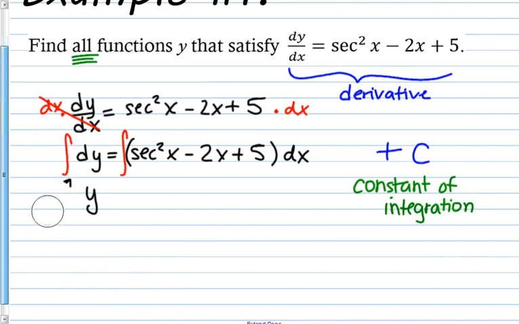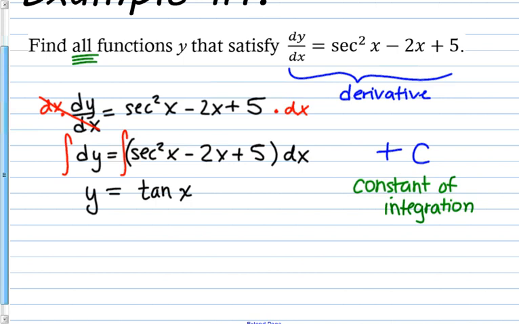So the integral of dy is just y. And then, let's see, what do I have to derive to get secant squared? If you need to, look at your blue sheet with all the formulas for the derivatives and the integrals, okay? But you derive tangent to get secant squared x. So if you antiderive secant squared x, the integral of that is tangent x.